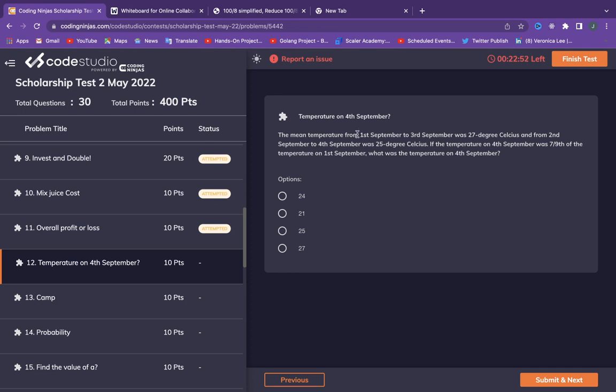So basically, we want to find the temperature on 1st of September, and we take the 7 by 9th of it.